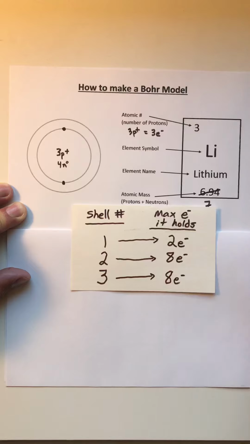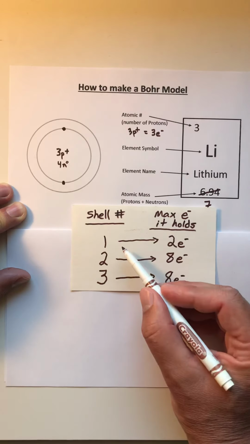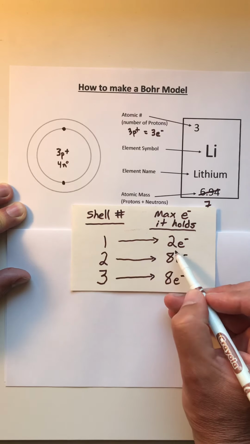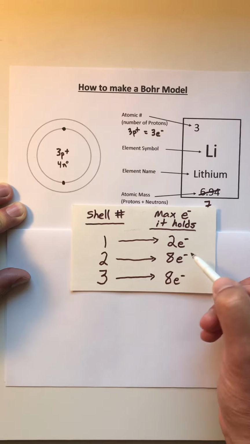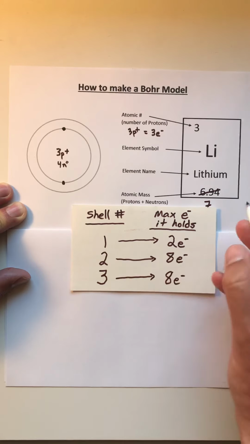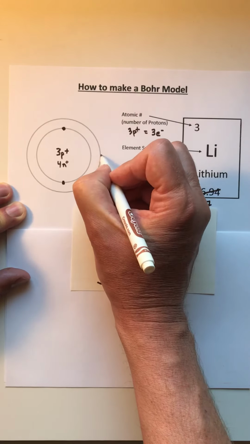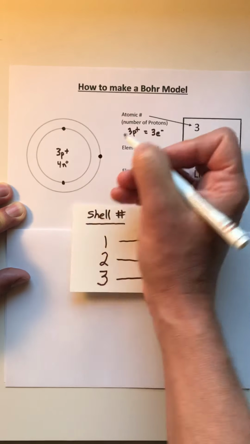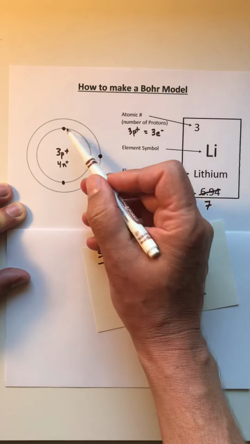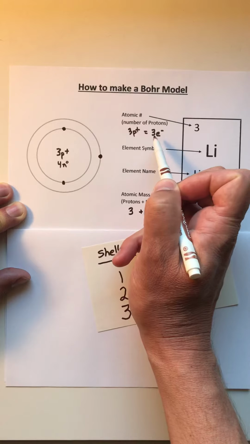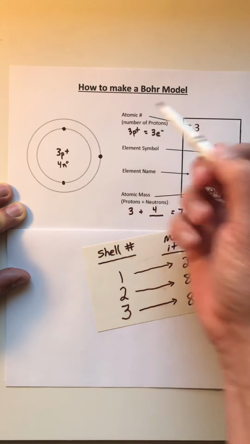And since it needs 3, it needs 1 more, but the first level, or first shell, only holds 2. So that third electron has to be in the second shell. So not this one, but in the second layer out. And there are 1, 2, 3 electrons that balance the 3 protons.